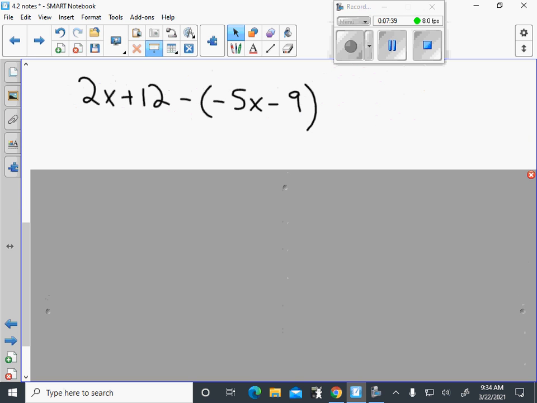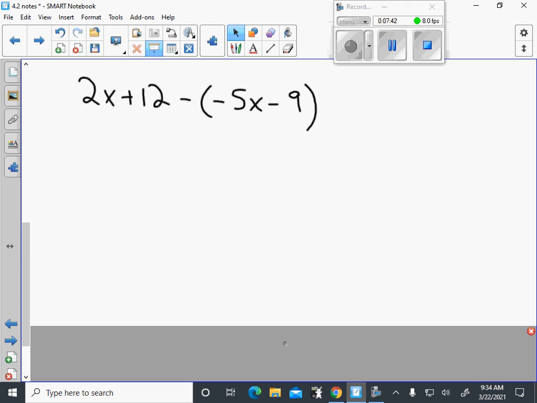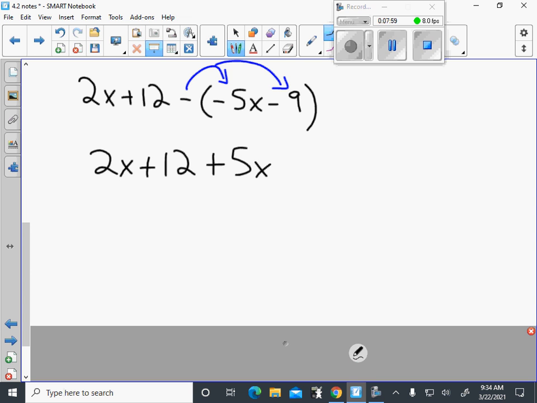If we have a minus in front of the parentheses, we have to distribute that minus. This minus has to be distributed to both things in the parentheses. And nothing changed with these. We have 2x plus 12. Nothing changed. But then that minus 5x in the parentheses becomes positive 5x, and the minus 9 becomes a positive 9. Now it's combining like terms. We have 2x and 5x. That becomes 7x. Then we have a plus 12 and a minus 9, which becomes a positive 3.